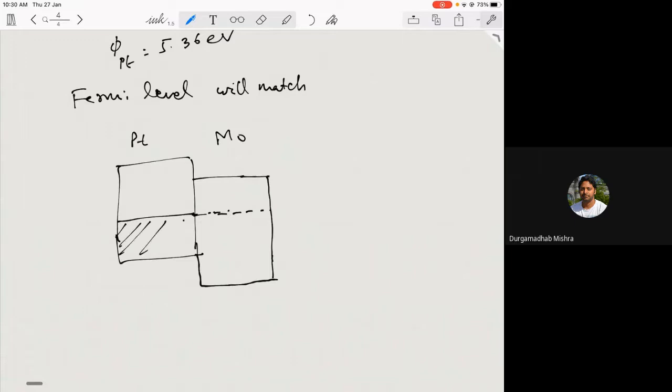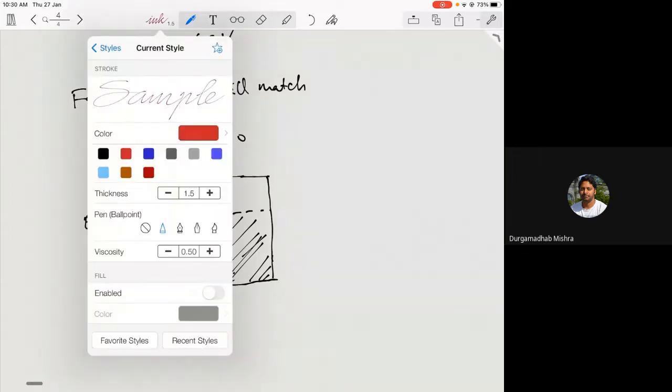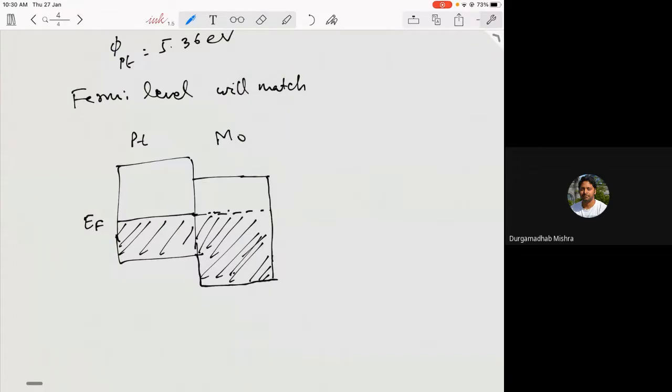Now you will have a picture something like this. And what happens at the junction? Close to the junction, you have some electrons which come from the molybdenum side, and similarly this side will have a positive charge accumulation.